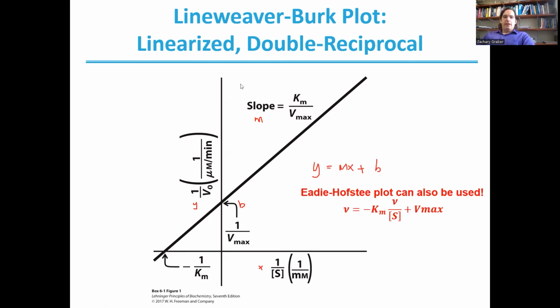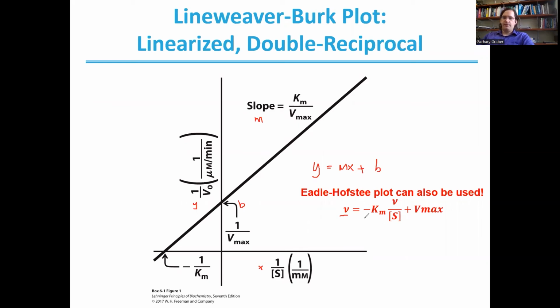A second method of linearizing our Michaelis-Menten plot is the Eadie-Hofstee plot. So in this method, instead of using our double reciprocal approach, we include our rate in both the y and the x value. So our y value is the rate, and our x value is the ratio of the rate over the substrate concentration.